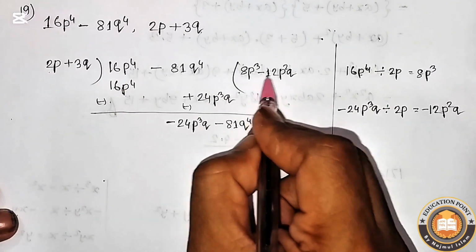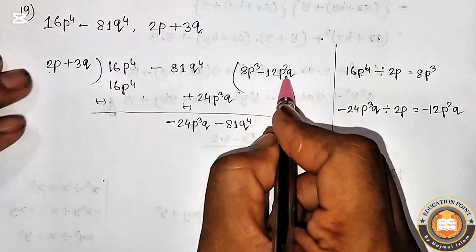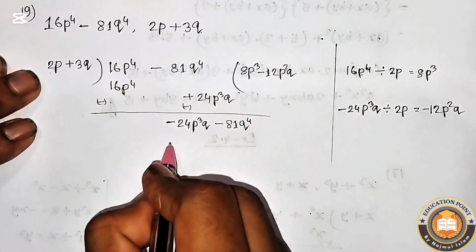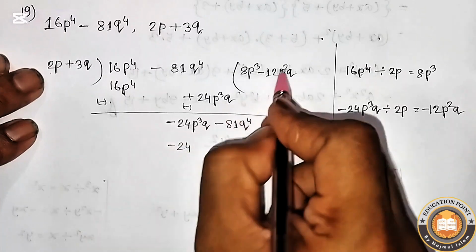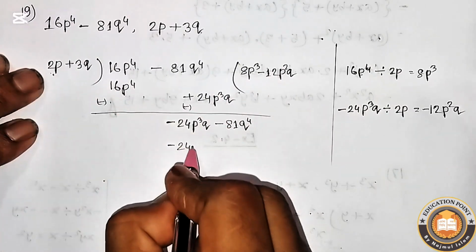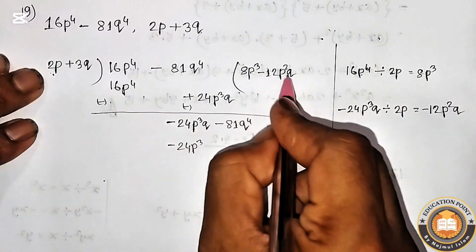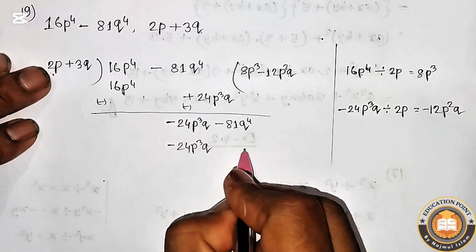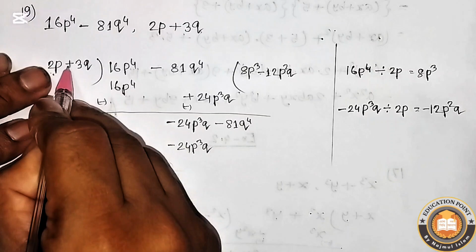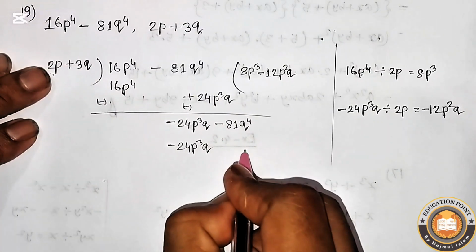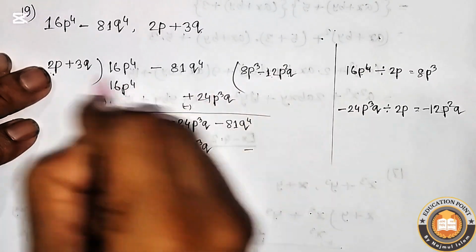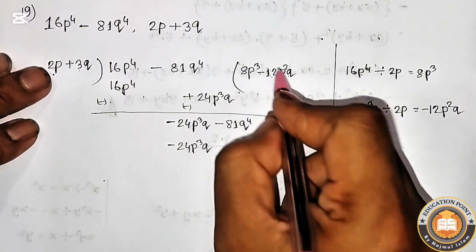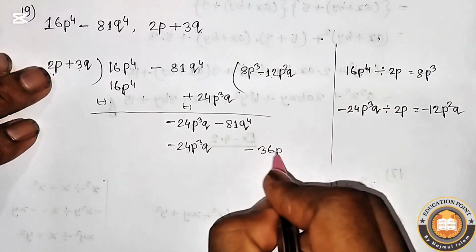At first minus 12 p square q multiplied with 2p: 12 times 2 is 24, minus 24 p square multiplied with p, that means p cube into q. Minus multiplied by plus equals minus. 12 multiplied by 3 equals 36 p square.